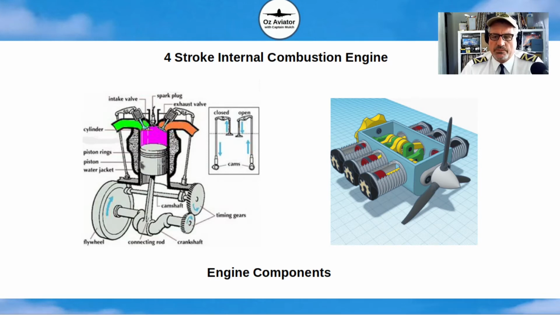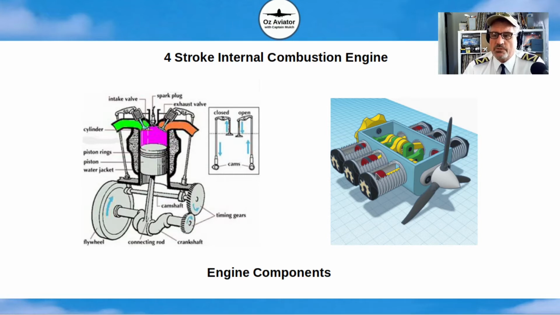Now this all happens timed by the timing gears so that the intake and exhaust valves open and close correctly. Over here there's a graphic of a horizontally opposed aircraft engine.